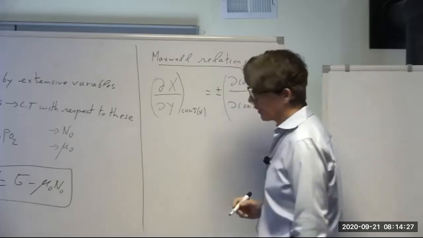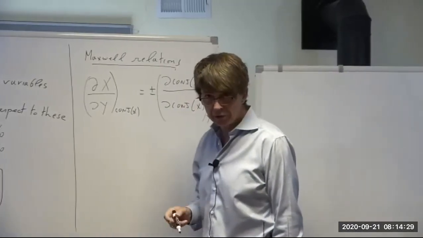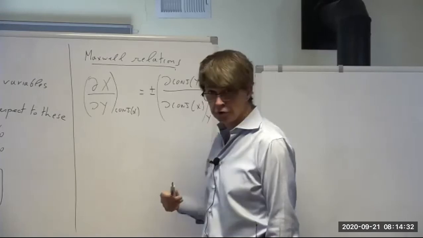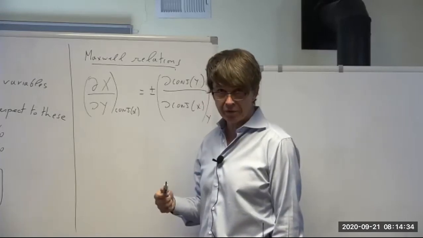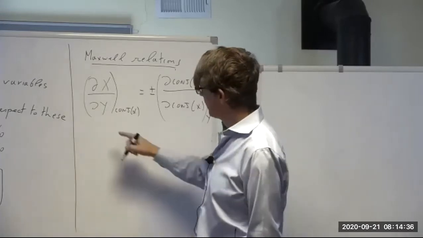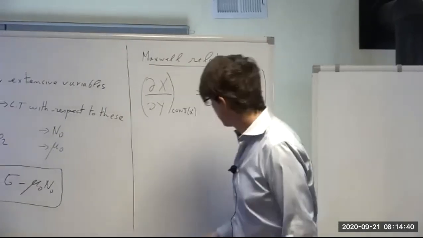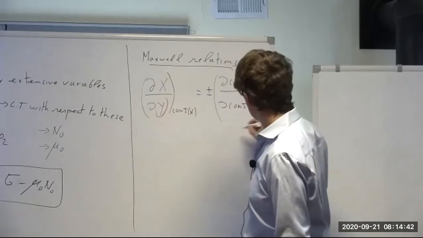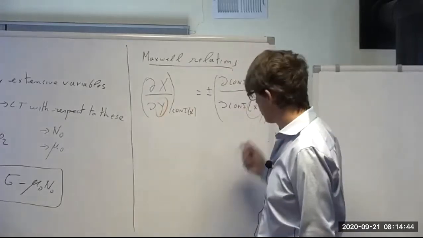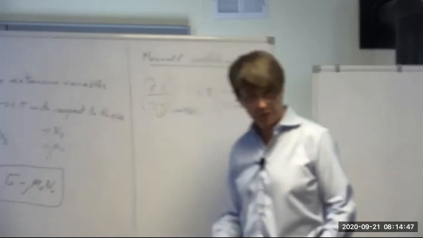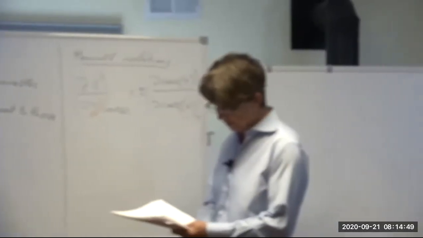If you'd like to convince yourself of that relation, then you just rederive the differential where this comes from, and it has to come from a differential in which the variations are variations of y and x and the conjugate of x. So it has to be a potential with those as its natural variables.